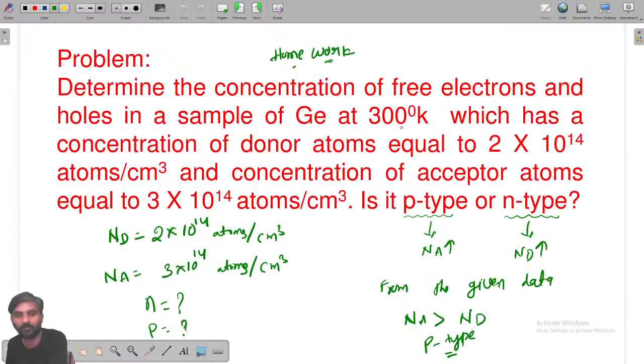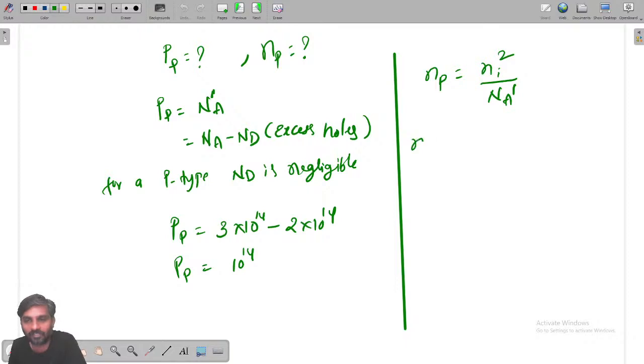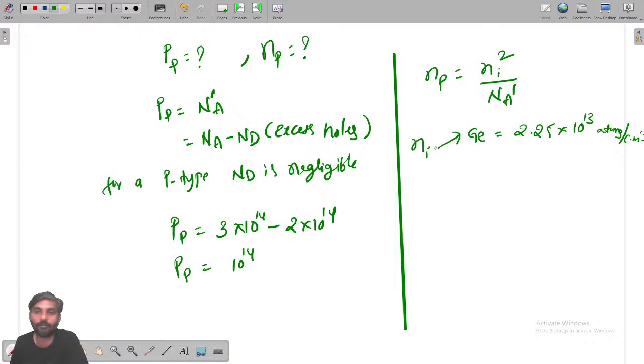What is given? Germanium. So the intrinsic concentration Ni for germanium is 2.5 into 10 to the power of 13 atoms per centimeter cube. This you need to remember, as he may not always give it. For silicon, Ni is 1.5 into 10 to the power of 10 atoms per centimeter cube.